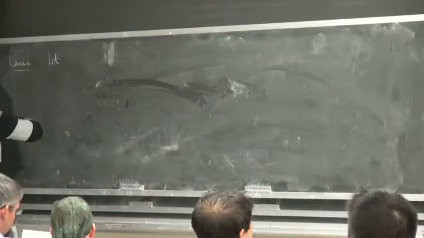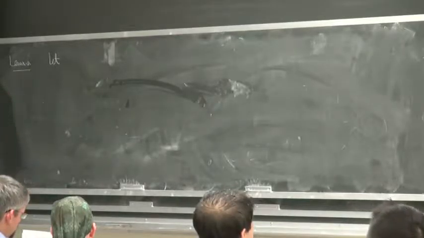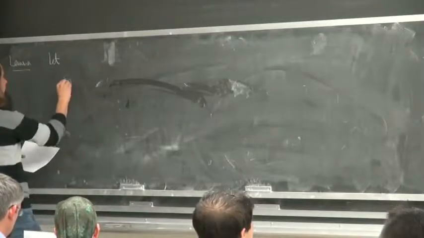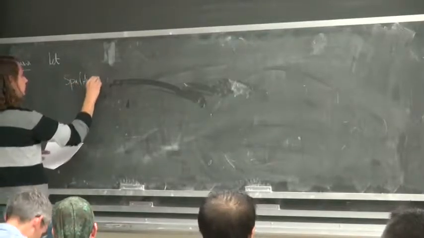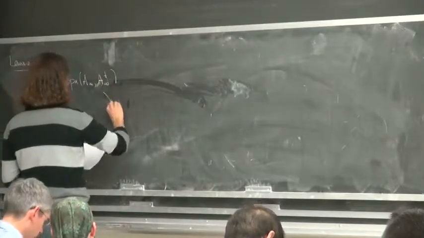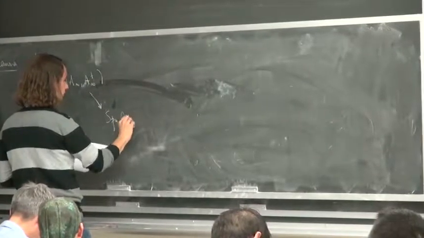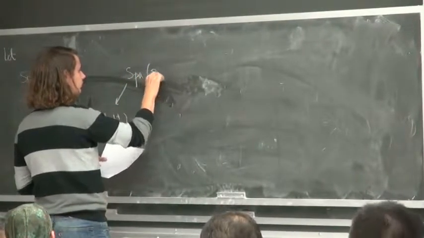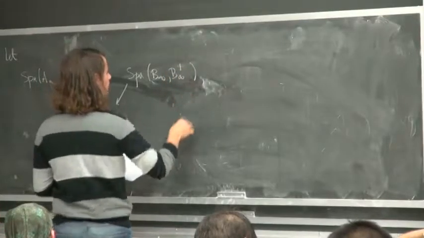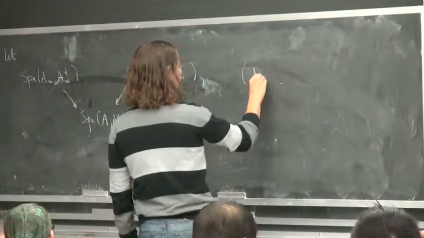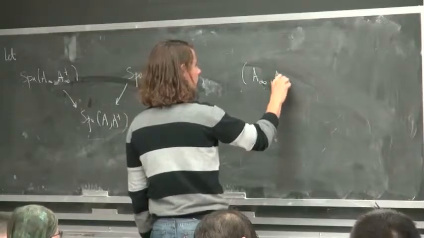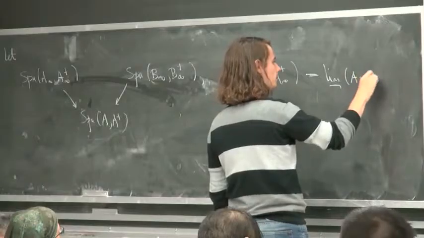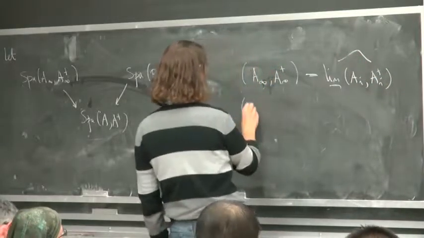Okay, so let's analyze what happens in the affinoid case. If you have two such guys, so let's say we have Spa A infinity plus over Spa A plus, and then some other Spa B infinity plus, where this is a completed direct limit, and the same for the B infinity.